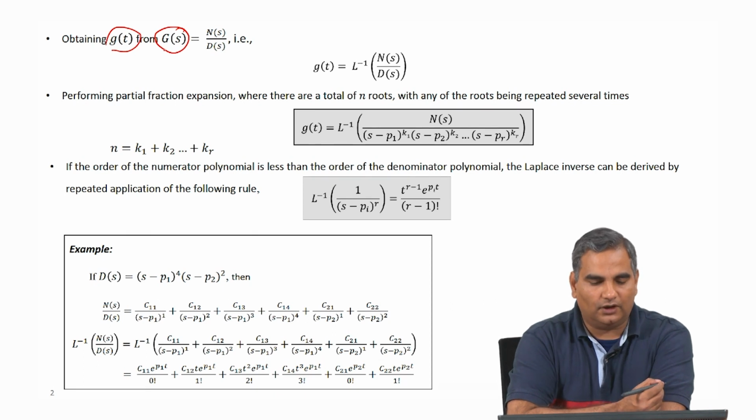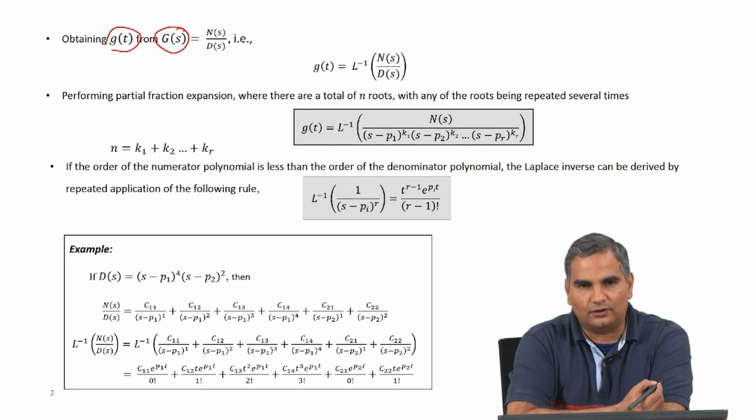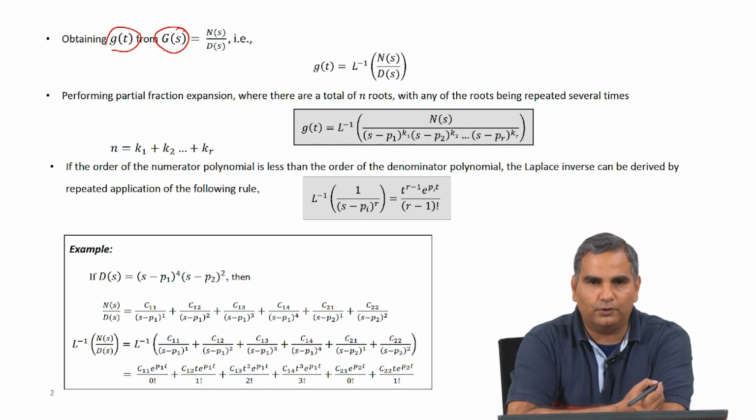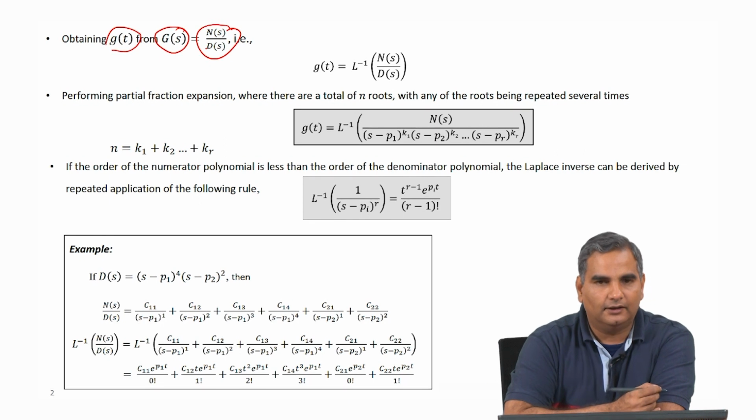And remember, we also said that if I do a Laplace of input, that is going to be some numerator by denominator function, and then I have the transfer function, which is also a numerator by denominator. So, any output is also going to be a numerator by a denominator polynomial, which is of this form right here.